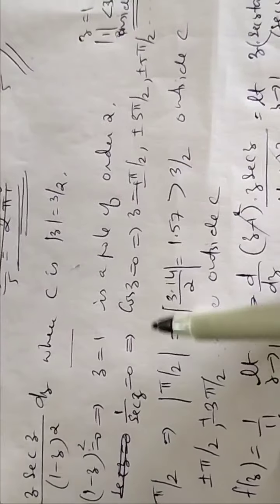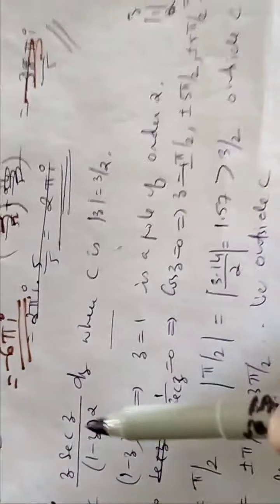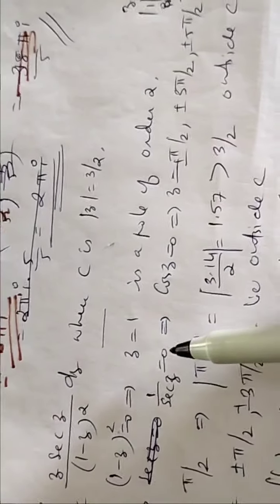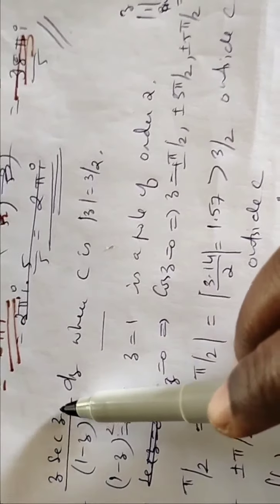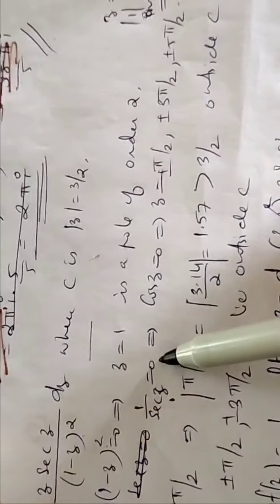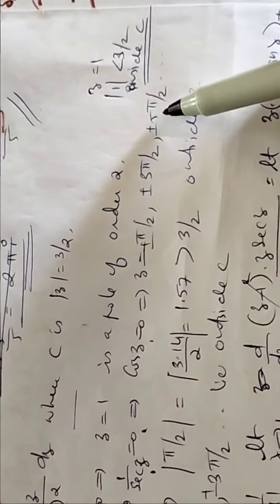Then there is sec z in the numerator. Sec z can be infinity, or sec z in the denominator becomes 1 by cos z, which can be 0. What is cos z equal to 0? Z is pi by 2, minus pi by 2, 3 pi by 2, minus 3 pi by 2, 5 pi by 2, etc. Odd multiples of pi by 2 all give 0.